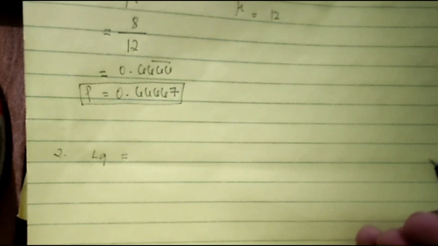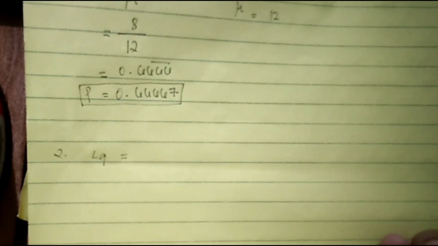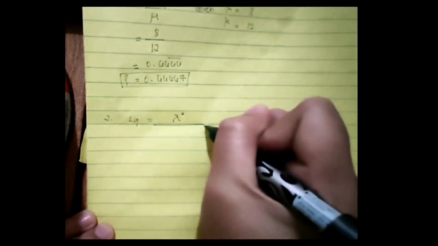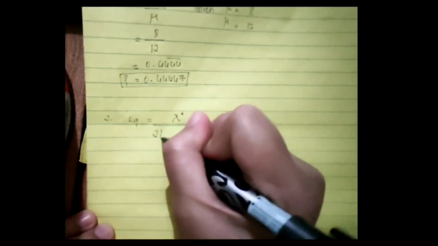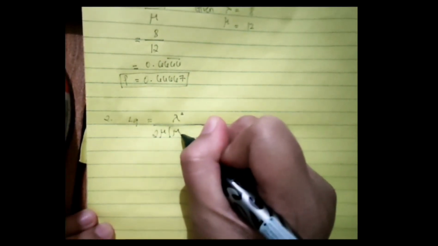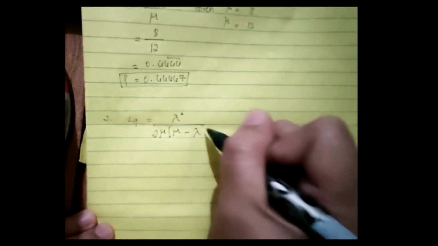So next, ang hinahanap naman natin is ang average number of customers in the queue. So after solving the average server utilization or P, we are going to solve the average number of customers in the queue. So the formula would be Lq is equal to arrival rate to the power of 2 divided by 2 times service rate, open parenthesis, service rate minus arrival rate.